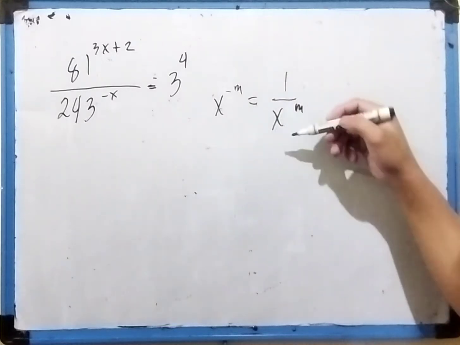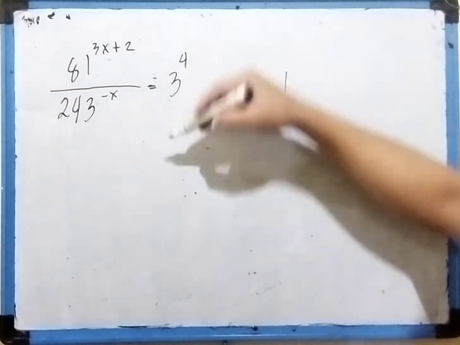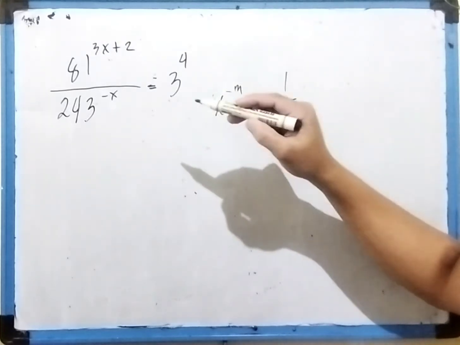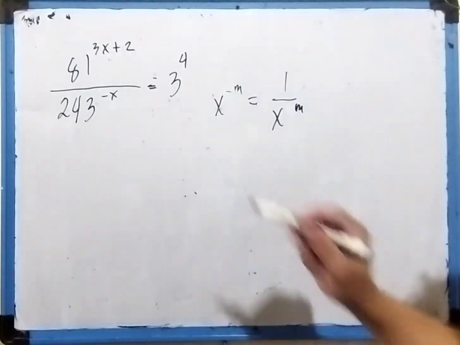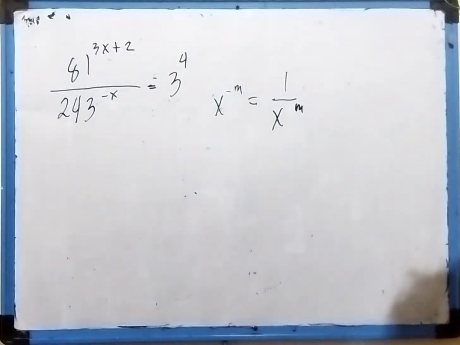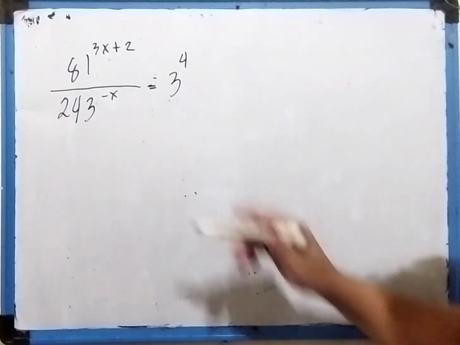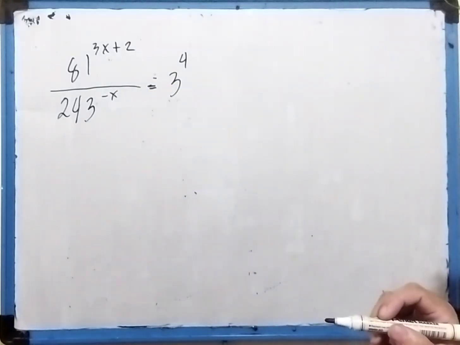So, ibababa lang natin siya. Kapag nasa taas yung negative exponent, guys, bababa lang natin siya. Kapag nasa baba naman yung negative exponent, taas lang natin siya. So, vice versa yan. In this case, ang exponent natin is nasa baba. So, ang goal natin is to make that exponent a positive one.